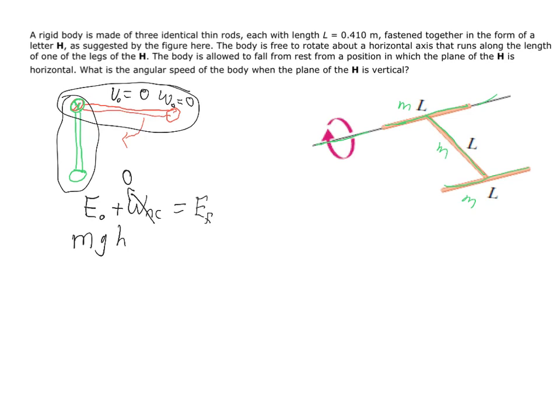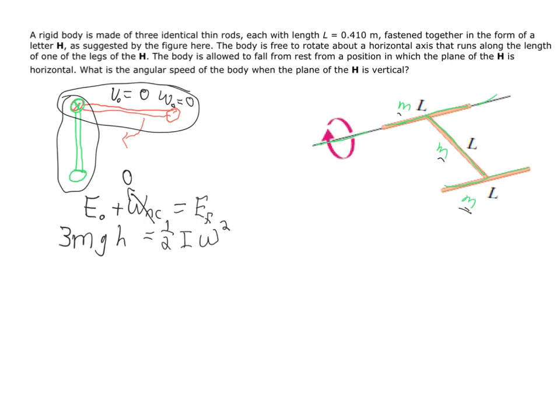And so then that gravitational potential energy is going to have to be equal to our final kinetic energy at the very end, which in this case, since it's rotating, would be rotational kinetic energy of 1/2 I omega squared. Okay, there's one thing though I messed up here. Since I called each of these guys mass m, that means that this would really be 3mgh.